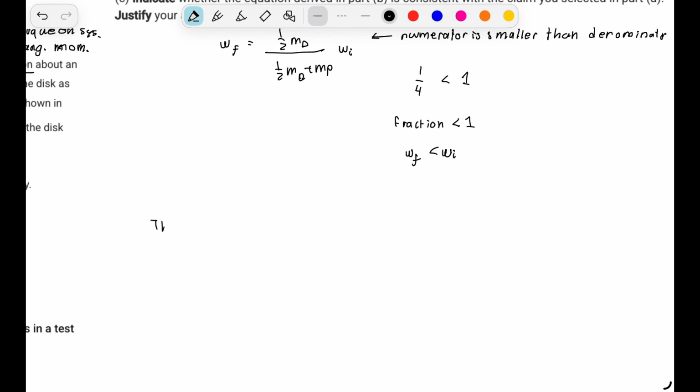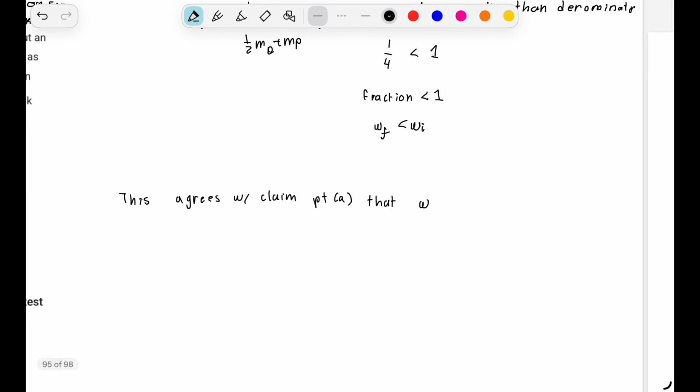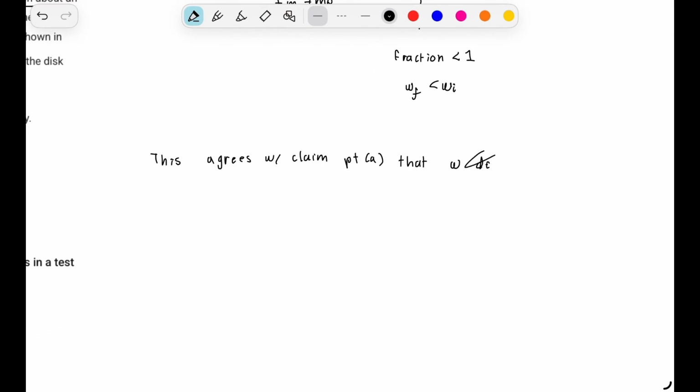And we can write that this agrees with the claim in part A, that angular speed is going to decrease.